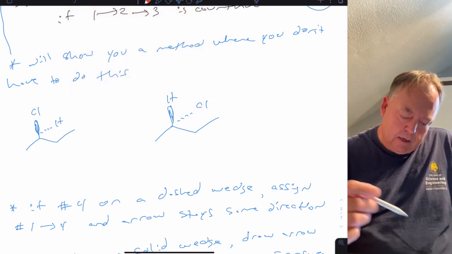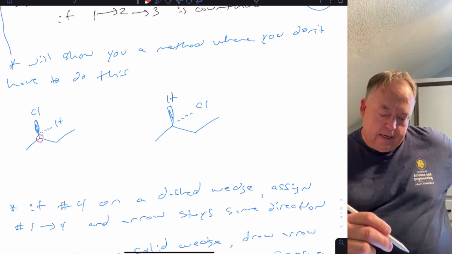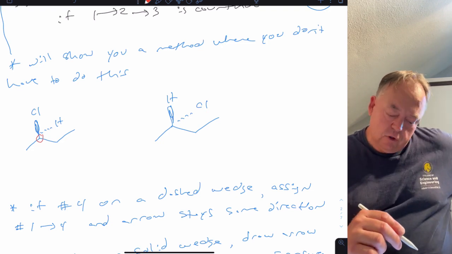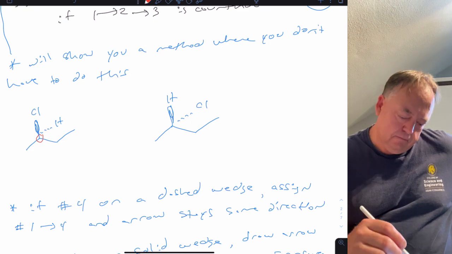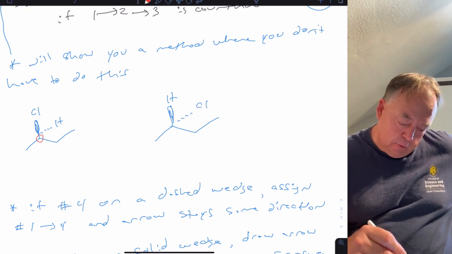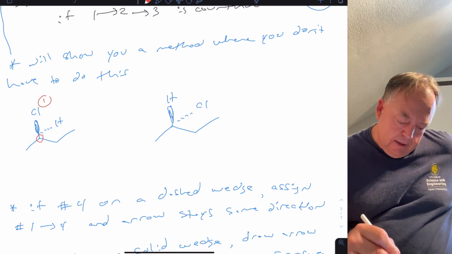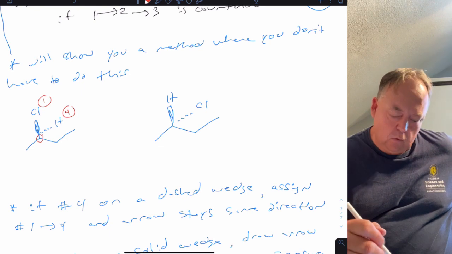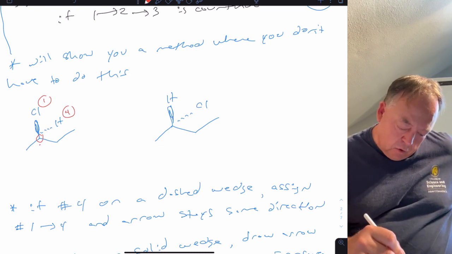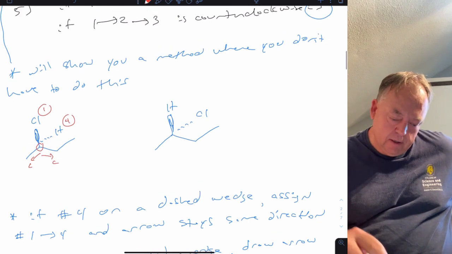If we take these molecules, that's your chiral carbon. We're going to assign numbers 1 through 4 to everything attached to the carbon based on molar mass. If you look at a periodic table, chlorine has a higher mass than hydrogen or carbon. Hydrogen has the smallest mass, so it's going to be number 4, and chlorine's going to be number 1. Going this way, you run into a carbon, and going that way, you run into a carbon.